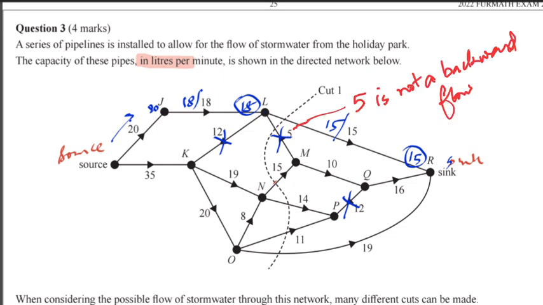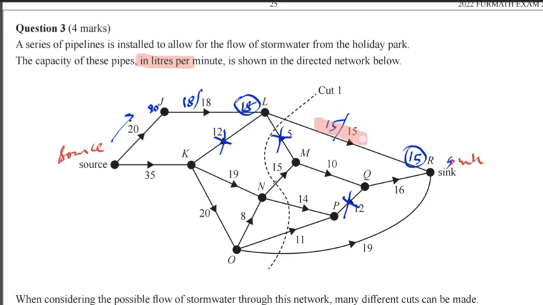And the next one that we can take, so even though, let's say we have reached maximum capacity here, let's now look at this 35 liters. It can't go in this direction, and so a part of it will definitely flow through that way, and the smallest value along that path is 10.